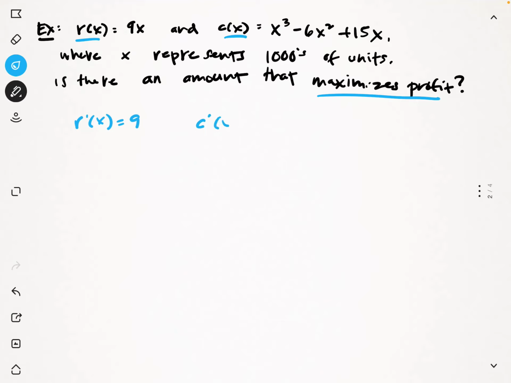C prime of x would be 3x squared minus 12x plus 15. To maximize the profit, we're going to set these two equal to each other, and then solve for x.